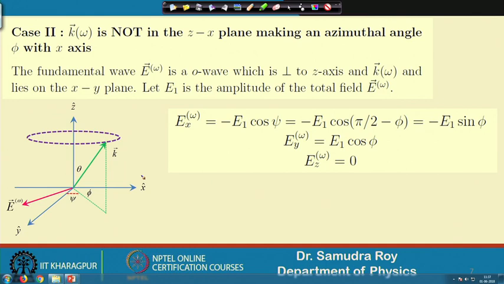So what happens if I change the launching angle of k? The immediate consequence will be a change in the direction of the electric field. How will the electric field change its direction? Because we know that the ordinary wave is always perpendicular to the z axis and k.